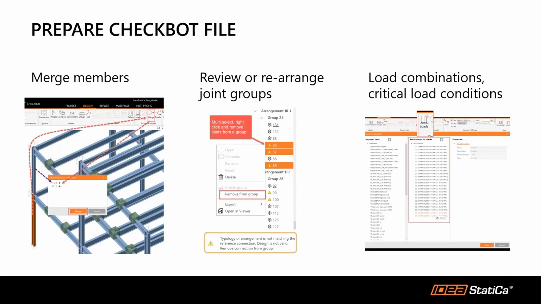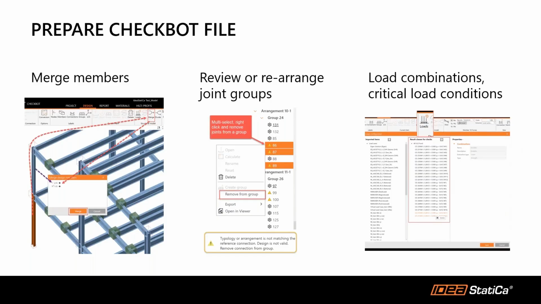First of all, we have the option to merge members. These 3 tips and tricks I'll show on the screen once I open Checkbot, but I'm going to just explain what these steps are. So, merge the members. What does that mean?